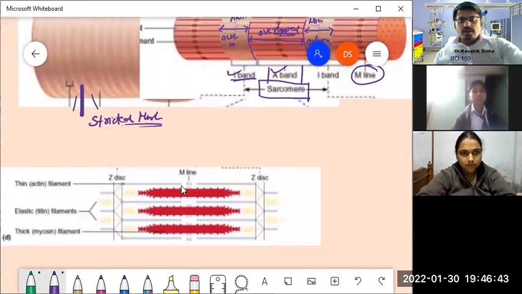So in this diagram, the M line is seen. Which one was the M line? This is the M line of the above diagram.